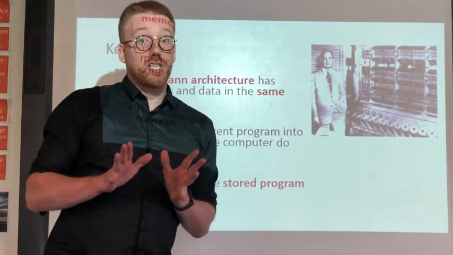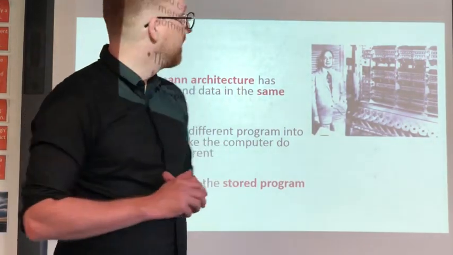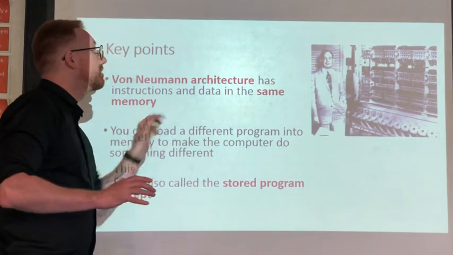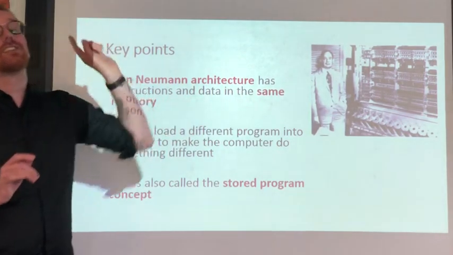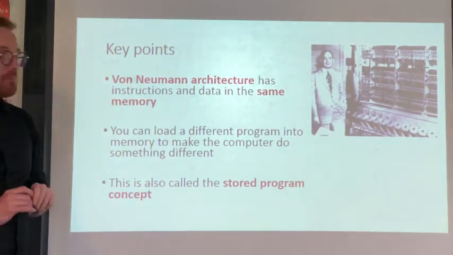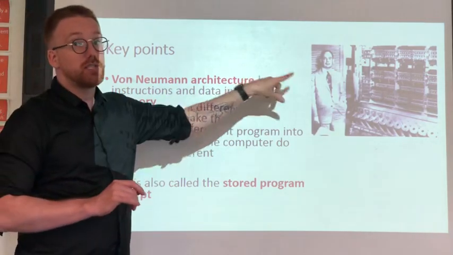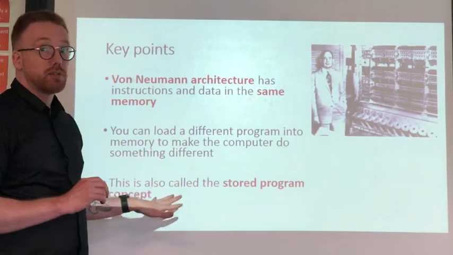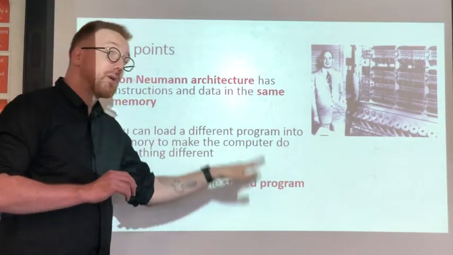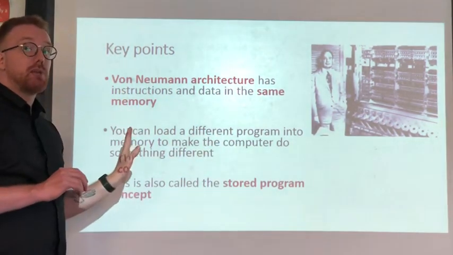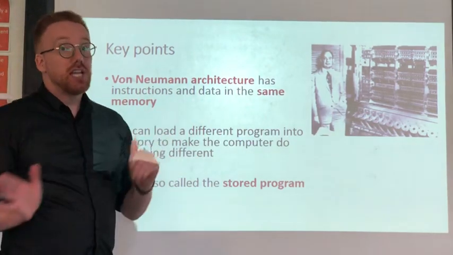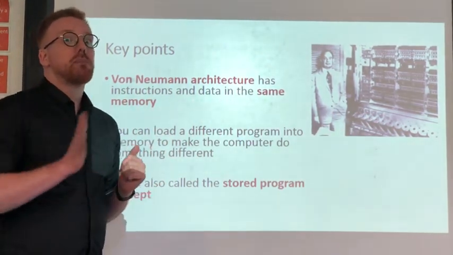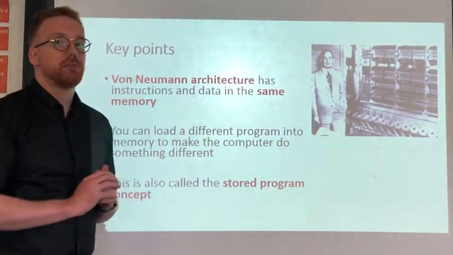The von Neumann architecture is this idea that you can store your programs and your data in the same memory. And because your programs and data are in the same memory, it gives you this stored program concept, where the program and the data is stored in main memory. You can change the program in main memory to make the computer do something different.